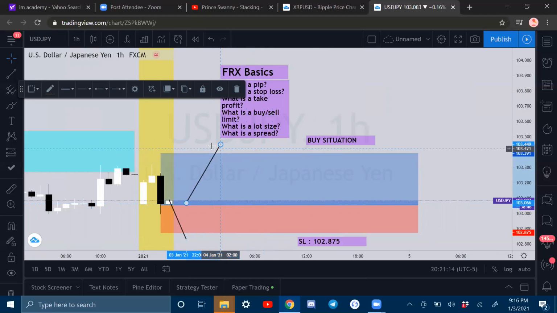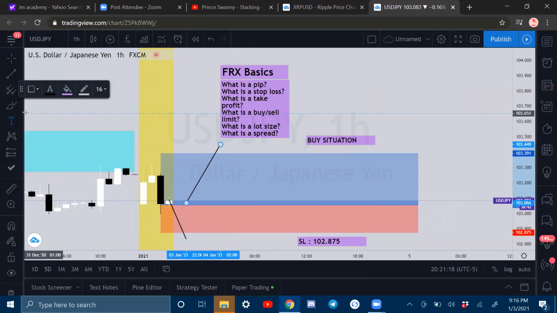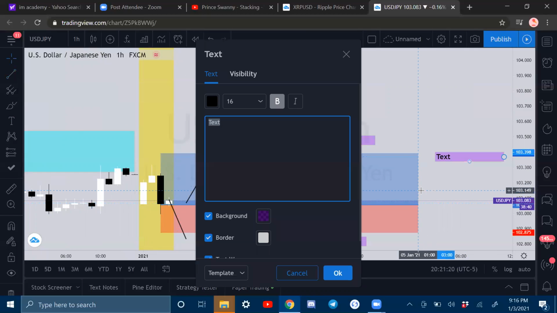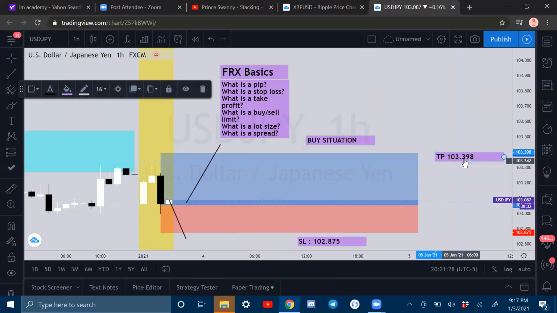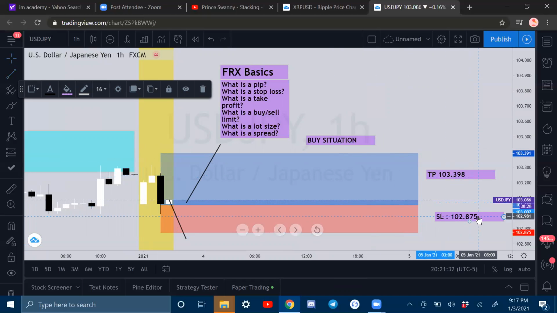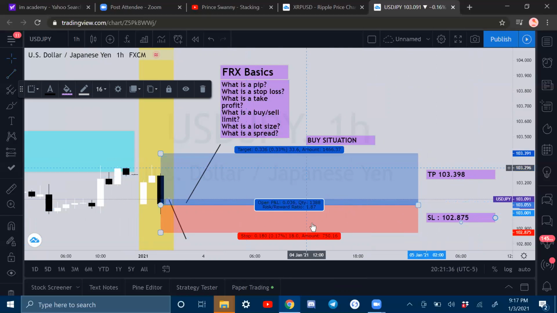Once price goes above our take profit level or touches our take profit level, it will automatically take us out of the trade in profits. All right, so all these would be given. The take profit and the stop loss would be given. So that's what a stop loss and the take profit is.